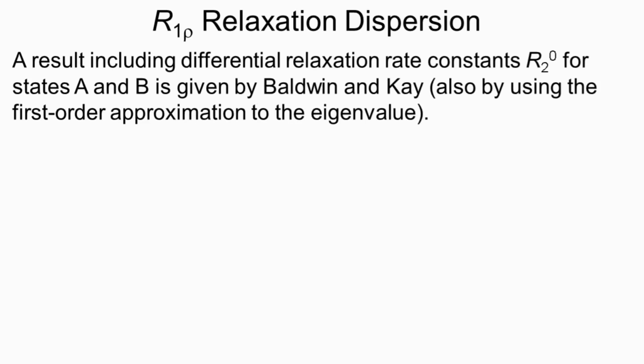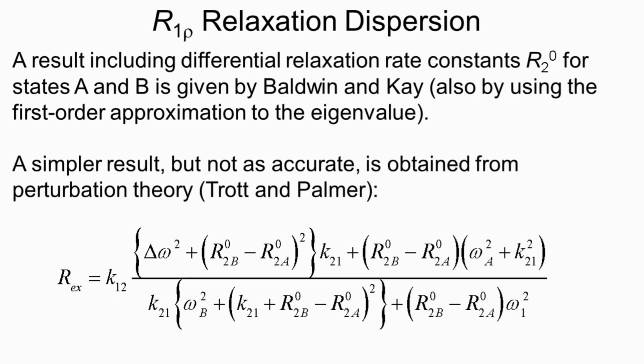Now, just by way of completion, Baldwin and Kay extended this result to include differences in relaxation rates for the A state and the B state. Their expression is too complicated to fit on the screen.